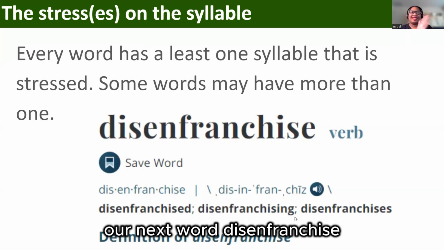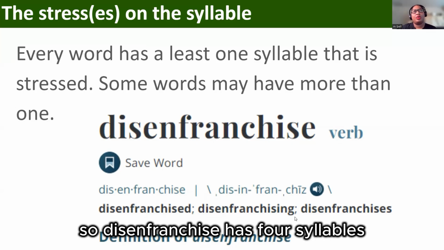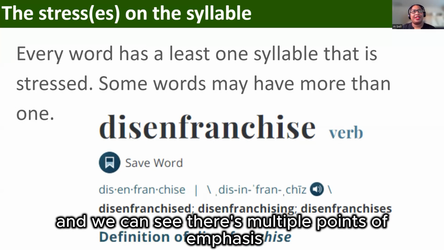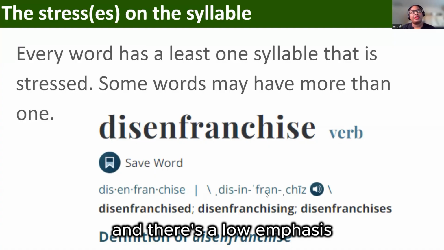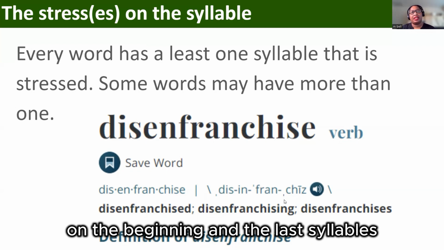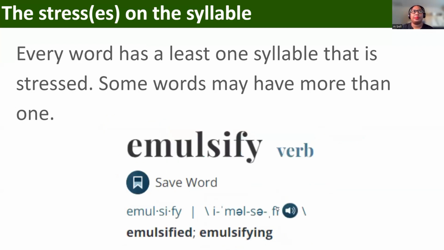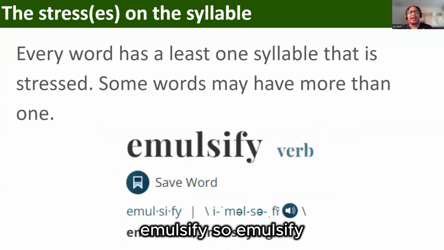Our next word, disenfranchise. Disenfranchise has 4 syllables, and we can see there are multiple points of emphasis, particularly on the franchise part, and there's a low emphasis on the beginning and the last syllables. Emulsify.